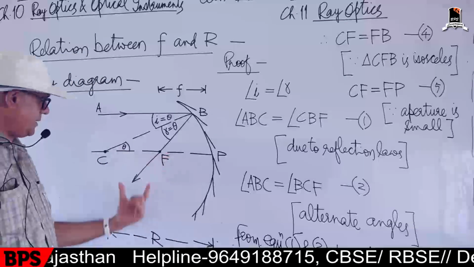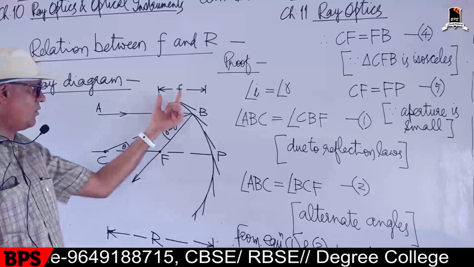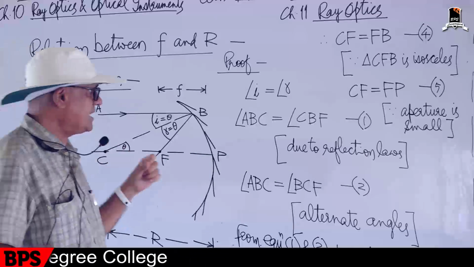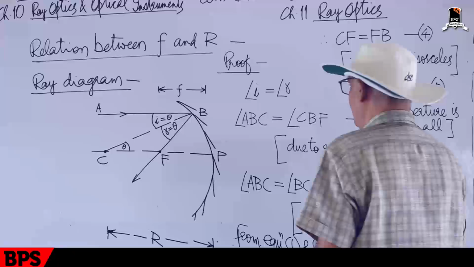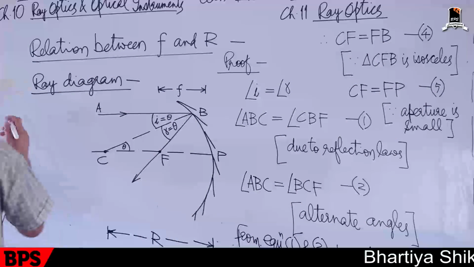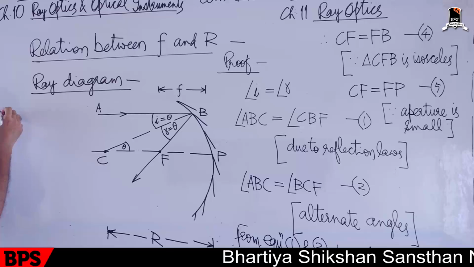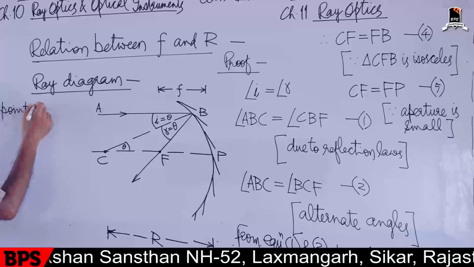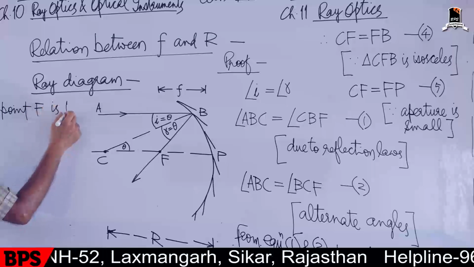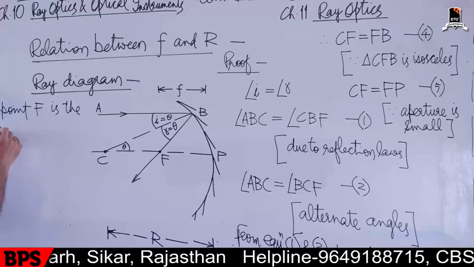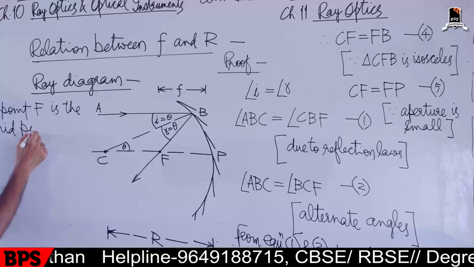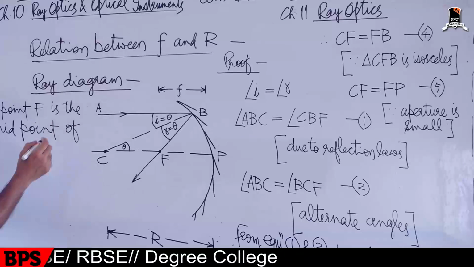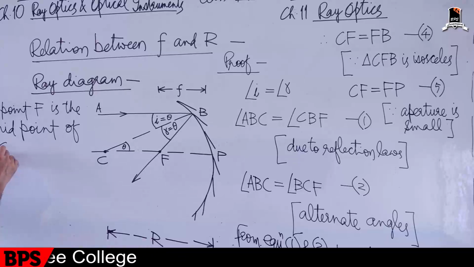And what is the value of CP? CP's value is R. And what is the value of PF? This value is F. So I am writing here, therefore point F is the midpoint of CP.